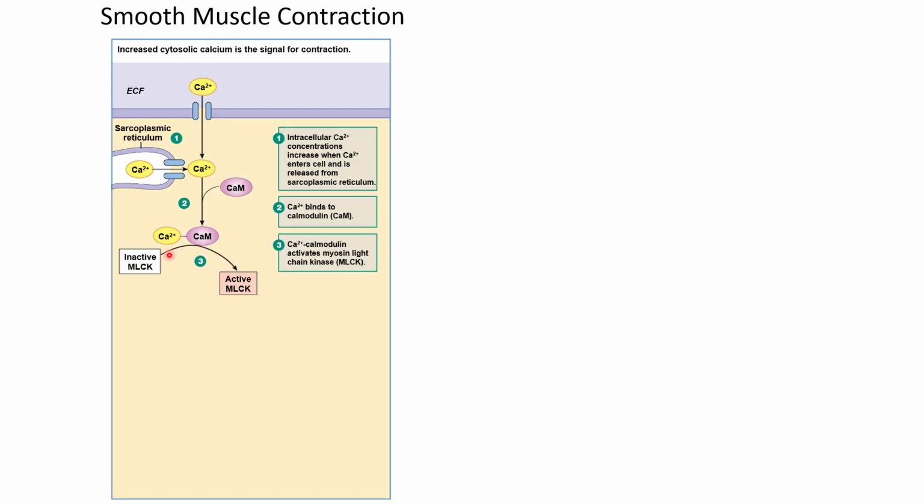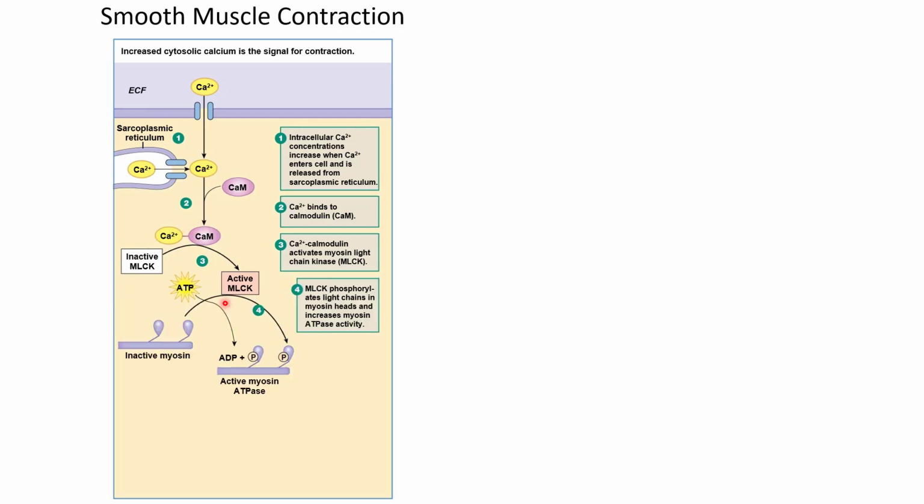What calmodulin does is, when it binds with calcium, it gets activated, and it triggers a cascade of additional enzymes and proteins. It activates what we call myosin light chain kinase. So it's inactive, but when we have the CaM-calcium complex, that activates myosin light chain kinase.